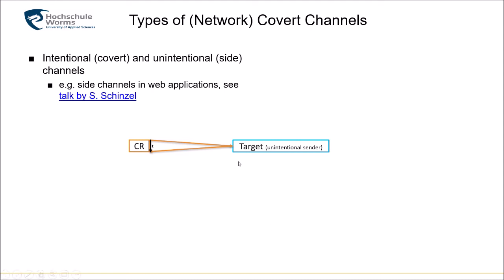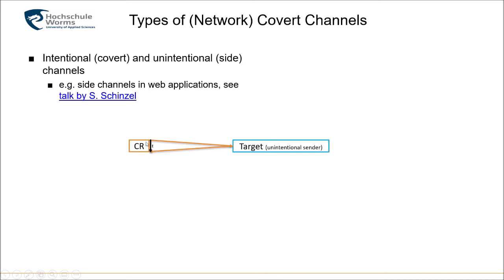So instead of having a covert sender, we have a side channel sender here, or a target, an unintentional sender, and a covert receiver that measures something, some timing information, for instance. And so it could work as follows. Let's say the target reacts differently depending on which information the covert receiver sends.